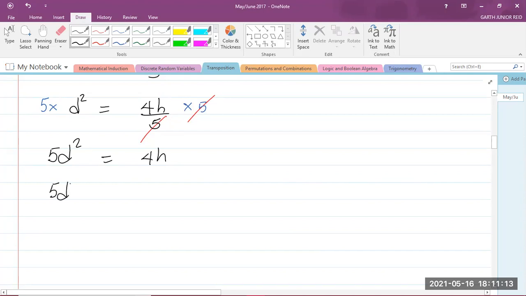So I will have 5d squared divided by 4, and that is equal to 4h divided by 4. On the right-hand side, clearly you can see that the 4's will cancel out. And I now have h, so I'm just going to write the h on this side. h is equal to 5d squared, and I'm dividing that by 4. And that is the solution to this question.